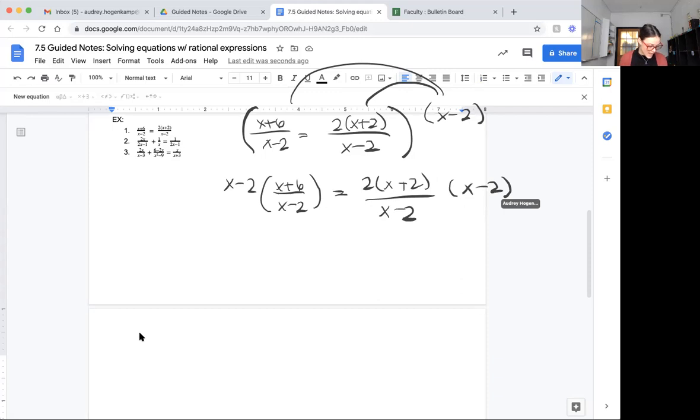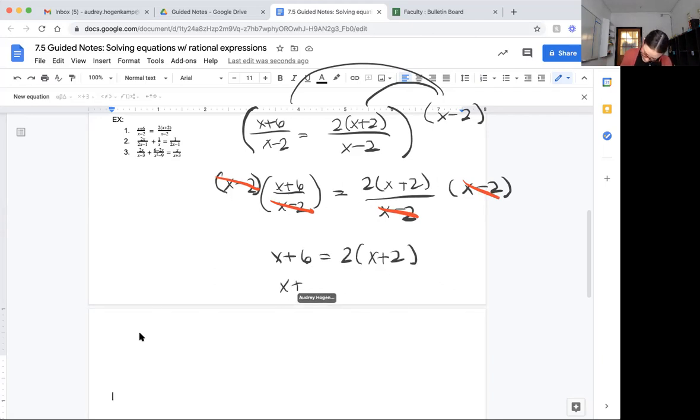Okay, and so now something convenient is going to happen for us, and that is that these factors, x minus 2, are going to cancel, right? Because we have it multiplied in our numerator and in our denominator. So we can cancel that whole factor, x minus 2, which conveniently gets it out of the denominator. And then we are left with x plus 6 equals 2 times x plus 2.